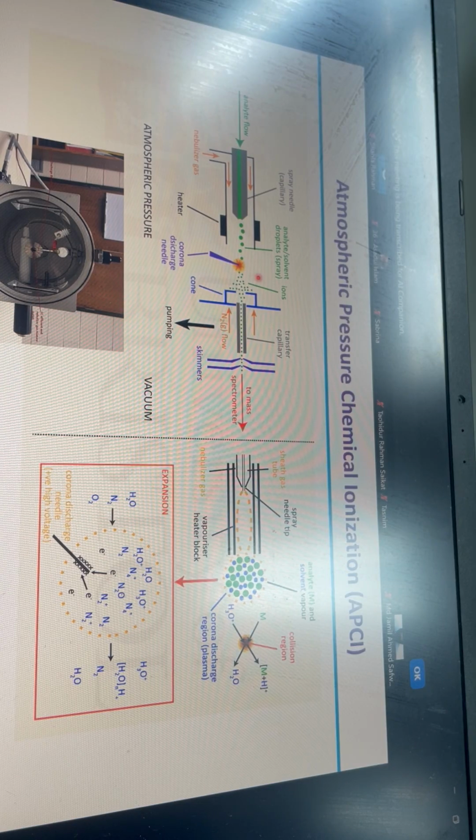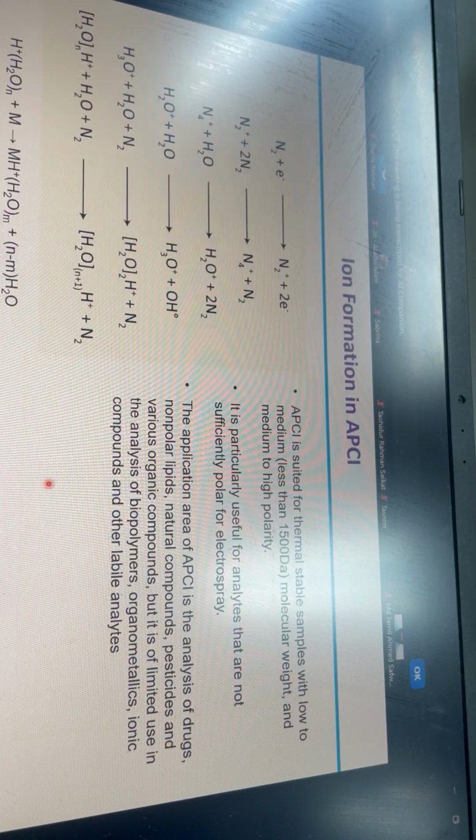But then there was a corona discharge, so to cool it down they also introduced a little bit of water. So in atmospheric pressure ionization they use nitrogen and a little bit of water to cool it down, and they need a secondary needle or electrode.